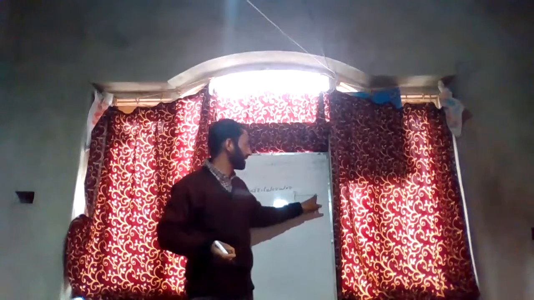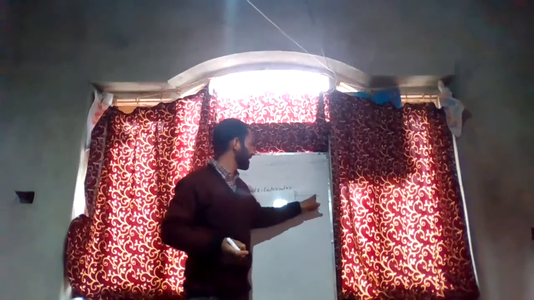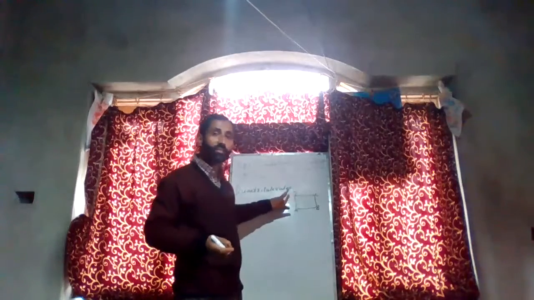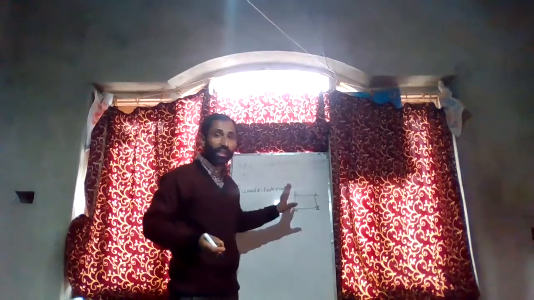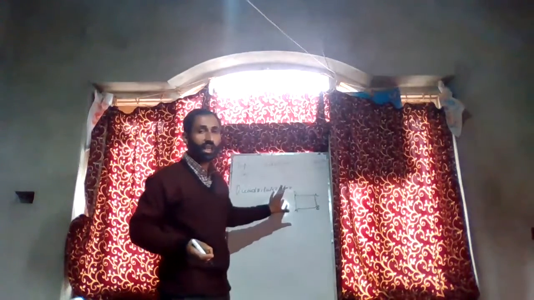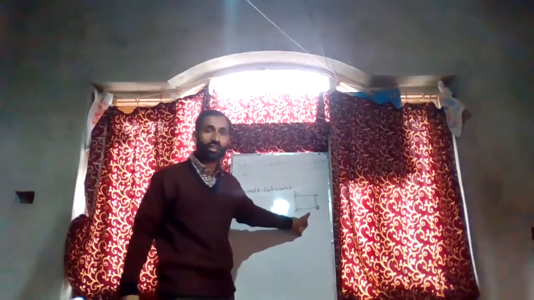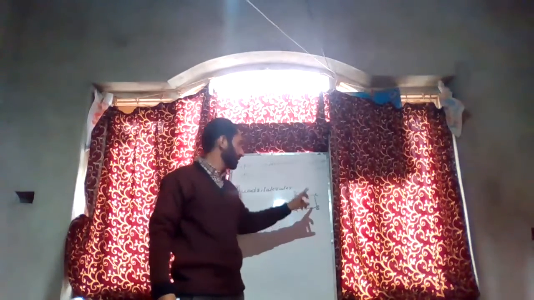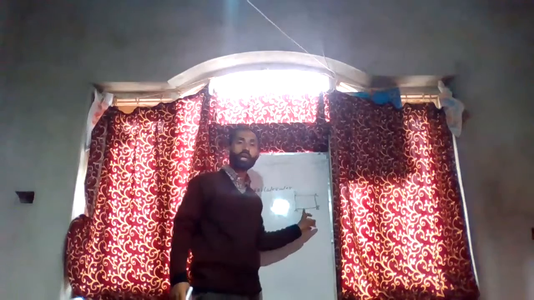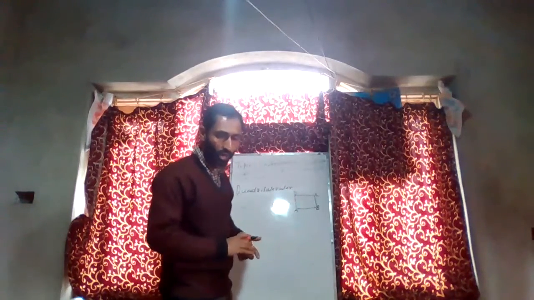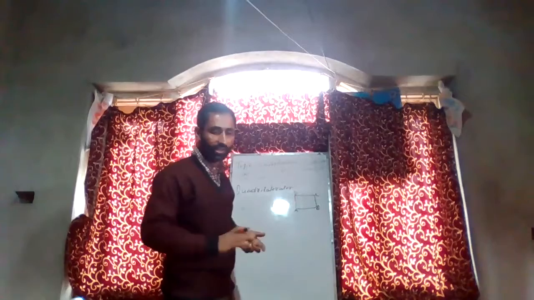Number one line segment is AB, number second is BC, number third is CD, and number four is DA. When we join these four line segments, we get a four-sided figure. This four-sided figure is called a quadrilateral.